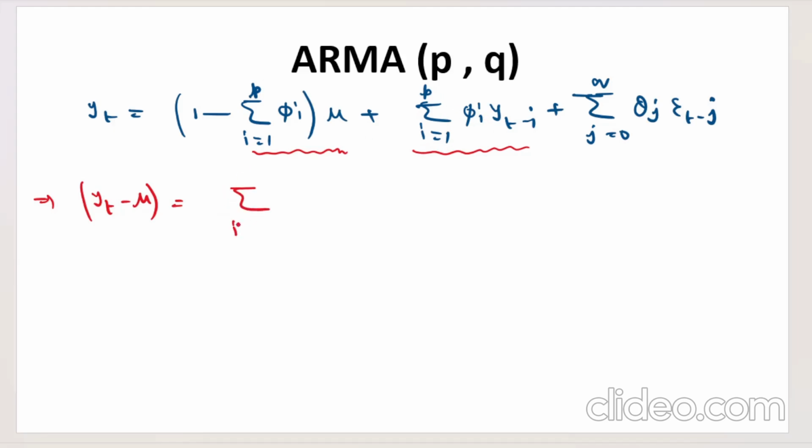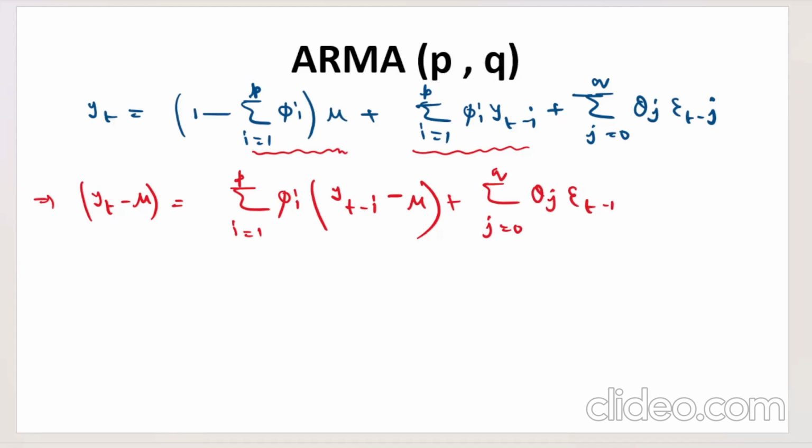So if you take this common, you will be left with the positive y_(t-i) term and minus mu. I have just taken this term out, and the rest of the terms are as it is. And then you have summation j from 0 to q theta j epsilon_(t-j) as it is. Now why have I done this?